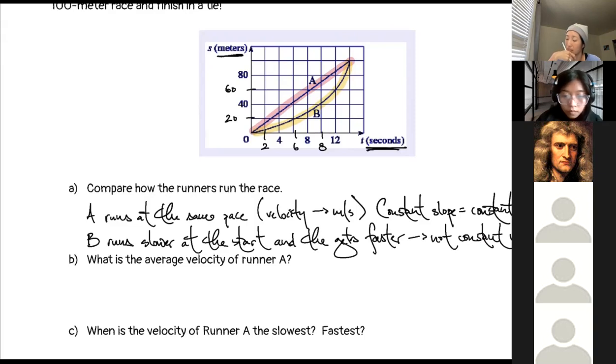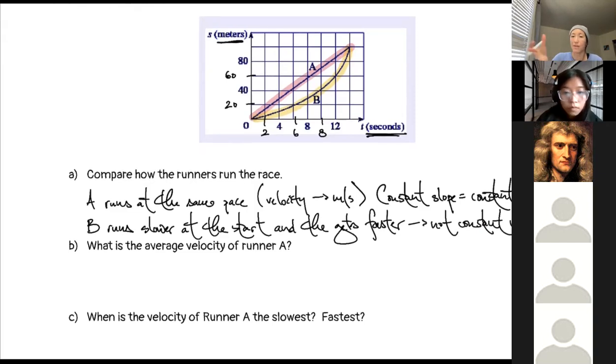Oh, okay. Well, I very much agree with you on that second point, Austin, that they start and finish at the same time, which means that they were able to cover the same amount of distance. But I would maybe disagree with the numerical value of your average velocity. So where are these numbers coming from?